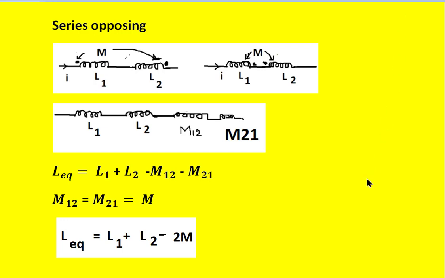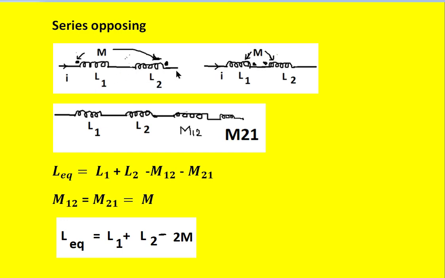Let me explain how dot rule 2 works for magnetic circuits. So let us say L1 and L2 are two inductors connected in series. Here I is flowing through the coils L1 and L2, that is, I is entering the dot of L1 first, that is, current enters the dot first in coil 1 and then flows through coil 1, then flows through coil 2, then enters the dot in coil 2.